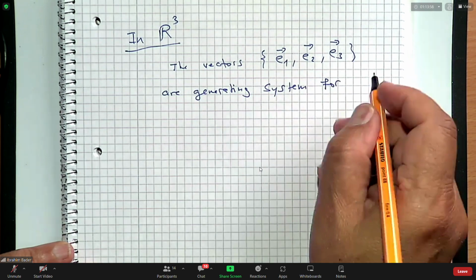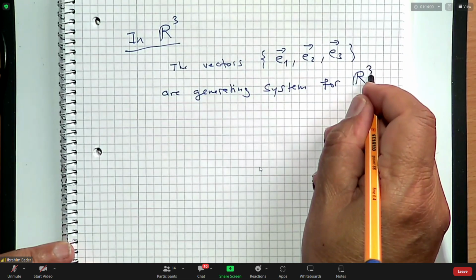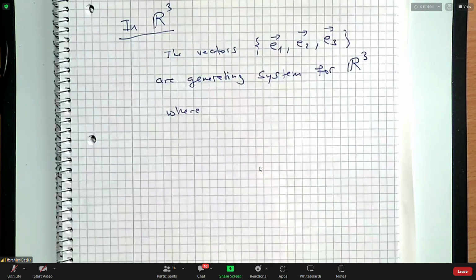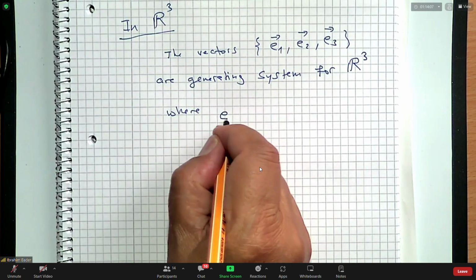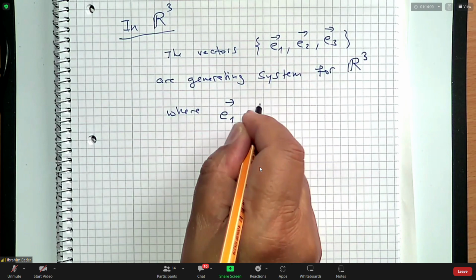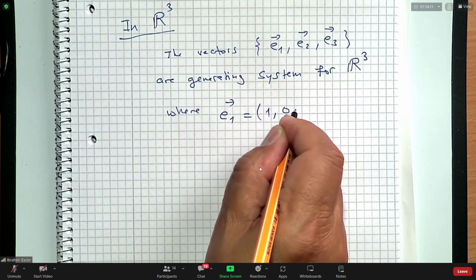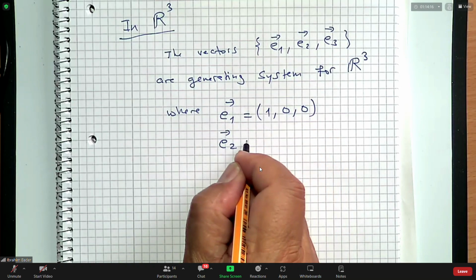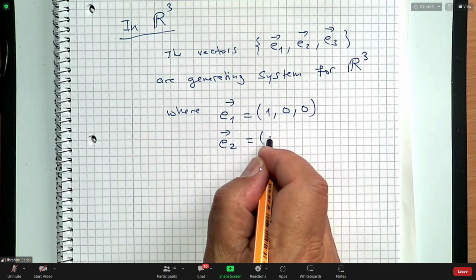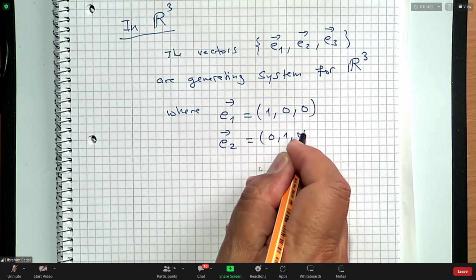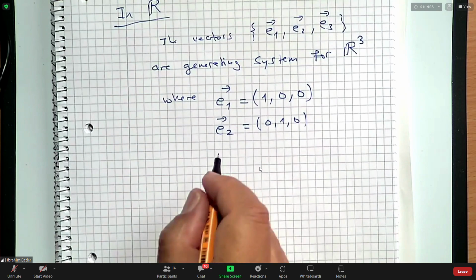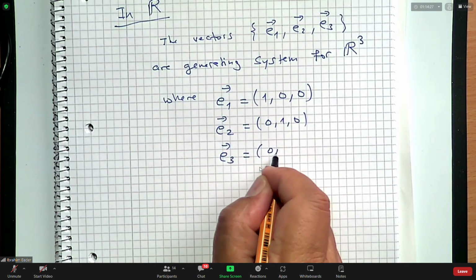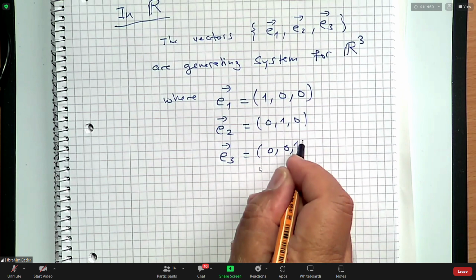What are exactly the values of these vectors? E1 is the vector that has the first component 1 and all others 0. E2 is the vector that has the middle component 1 and the others 0. And E3 is the vector that has the first component 0 and the last component 1.